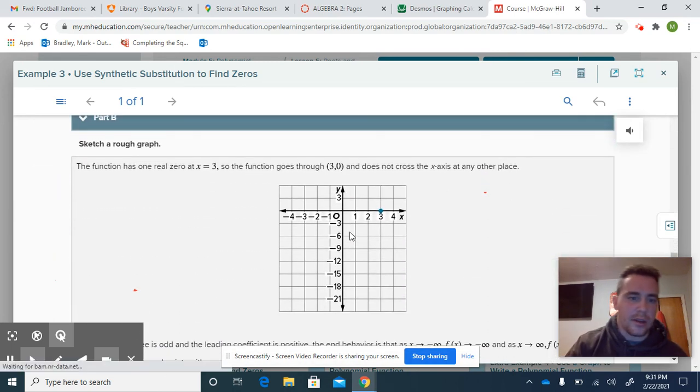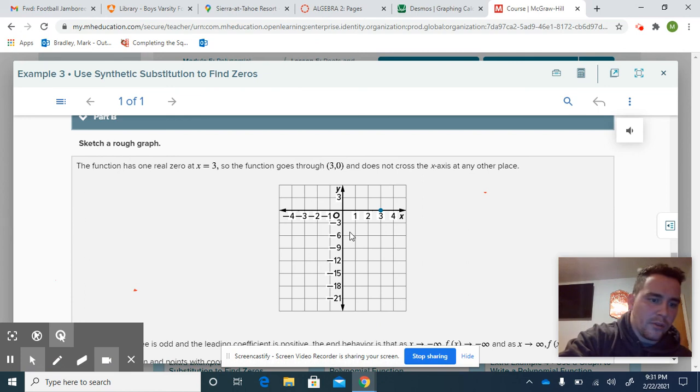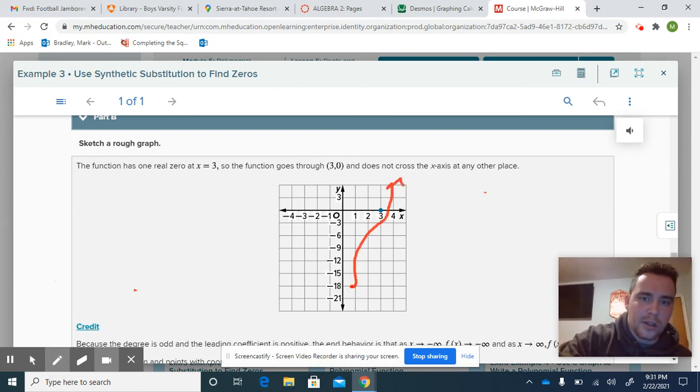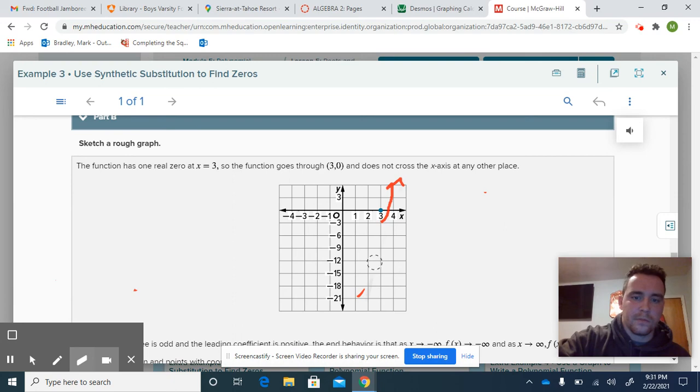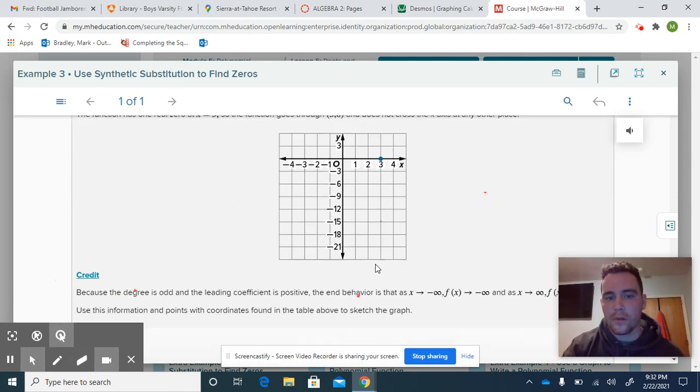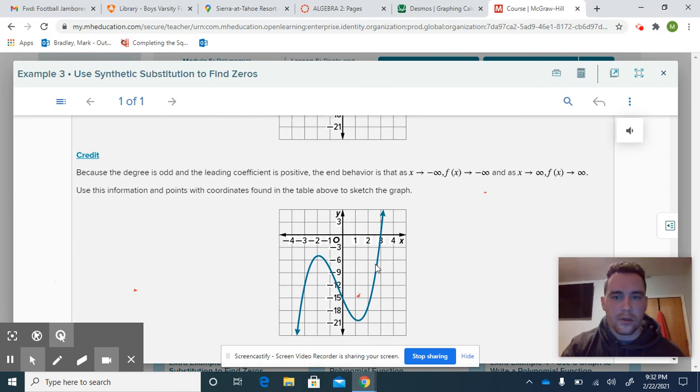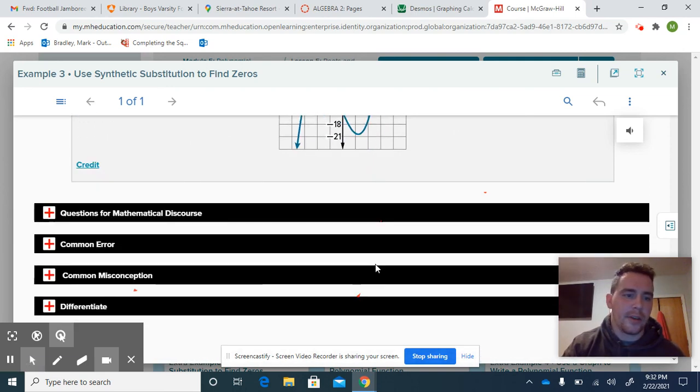So if we were to draw some kind of rough sketch with this, we have a point right there. Boom, it's going to go something like that, because this is a positive x cubed. I told you something like that. Cool. Talks about end behavior.